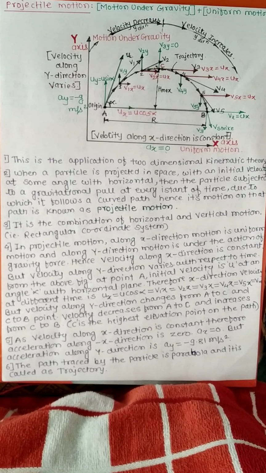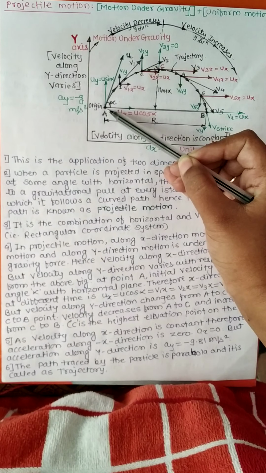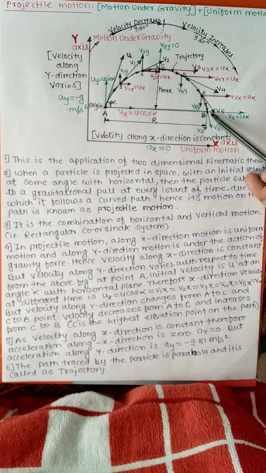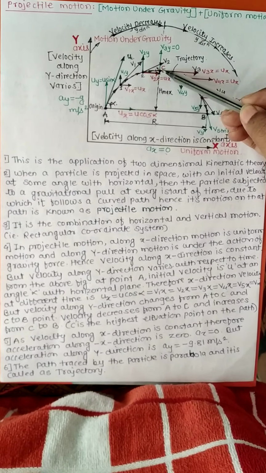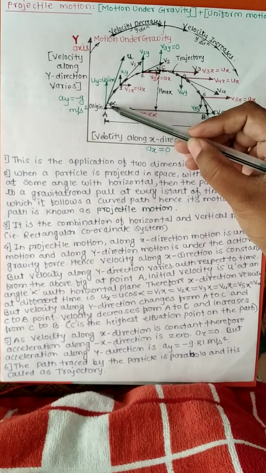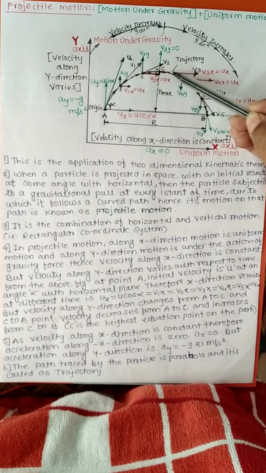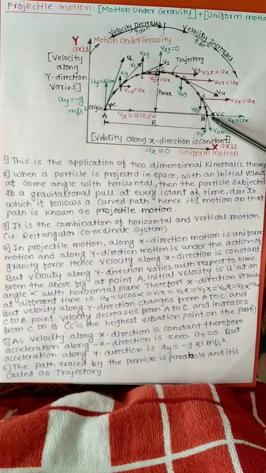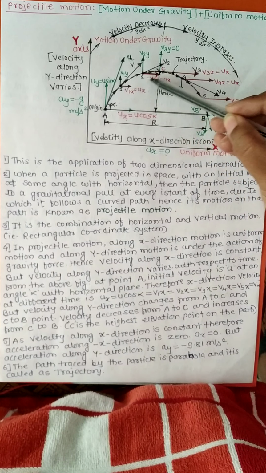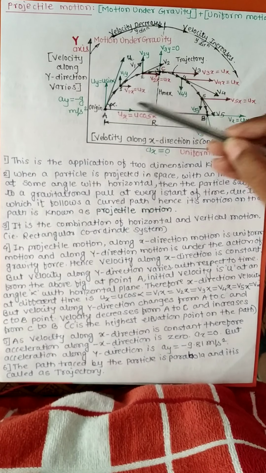Let us see, there are different parts I have highlighted over the sketch. A is the point of projection, B is the point of landing, C is the point on the curve with highest elevation. The particle is projected from point A and it traces this path in a parabolic manner. Therefore, the path traced by the particle in this parabolic sense is called trajectory.